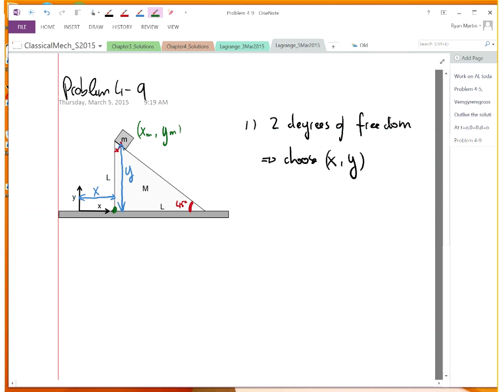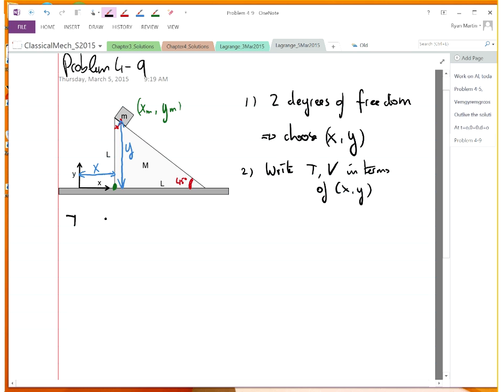So its X position is our generalized coordinate X, and then the Y position of the big block is always 0. The big block's constrained to be on the floor. Now we want to write, as usual, T and V in terms of X and Y.